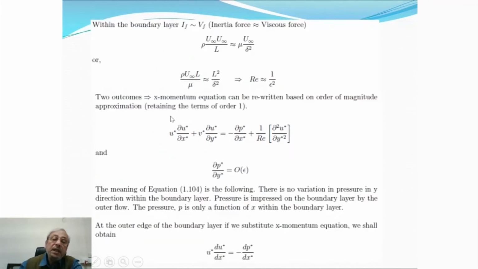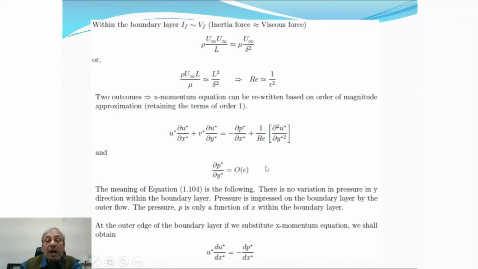That is why the equation, which is consistently of order 1, we can write as u star del u star del x star plus v star del u star del y star equal to minus del P star del x star plus 1 by Reynolds number del 2 u star del y star 2.